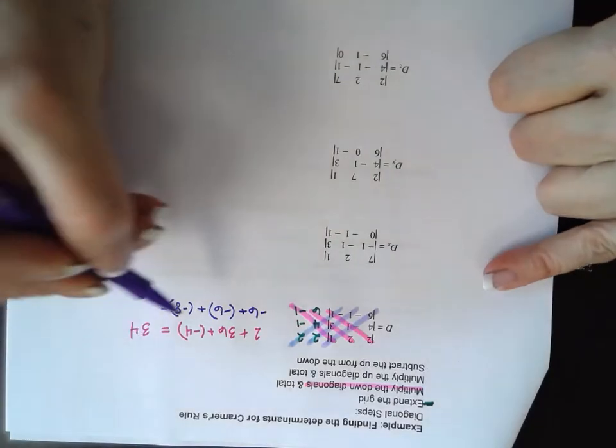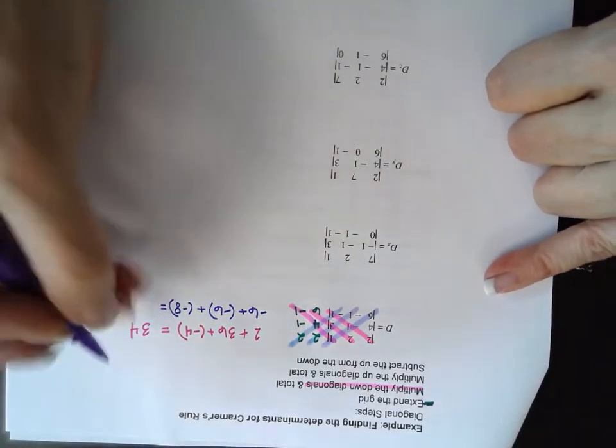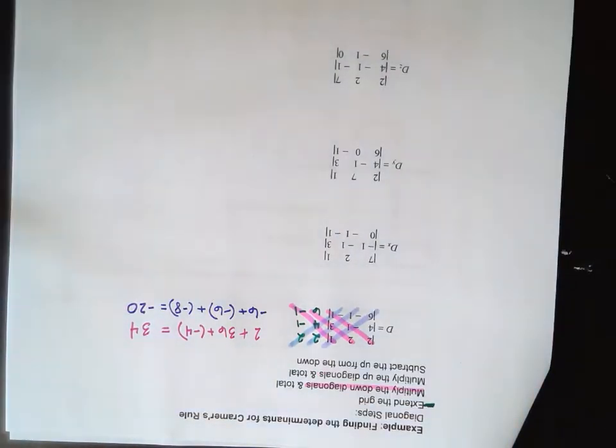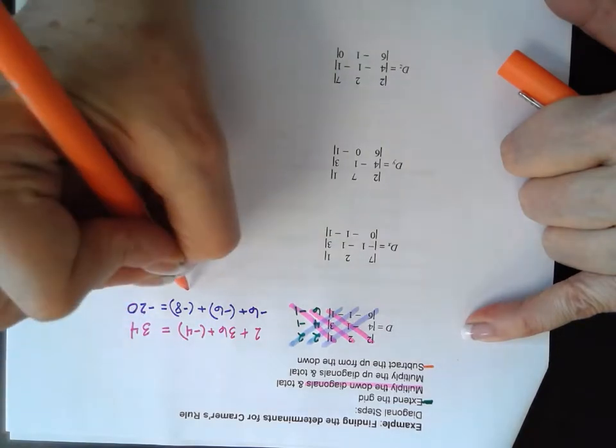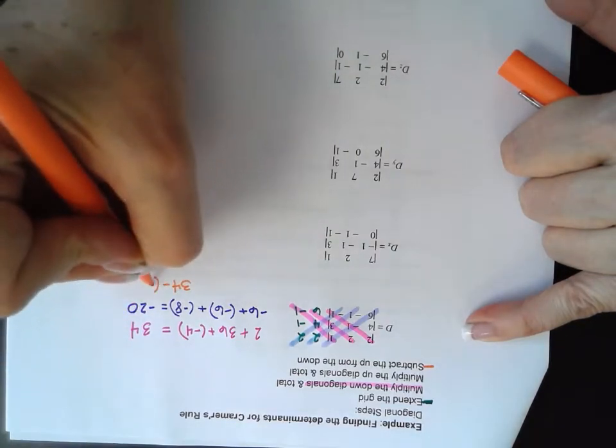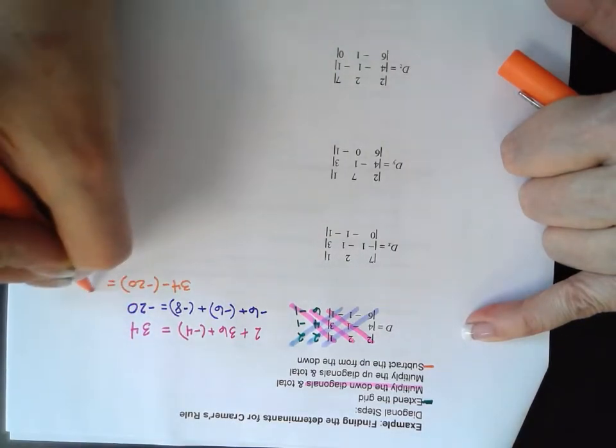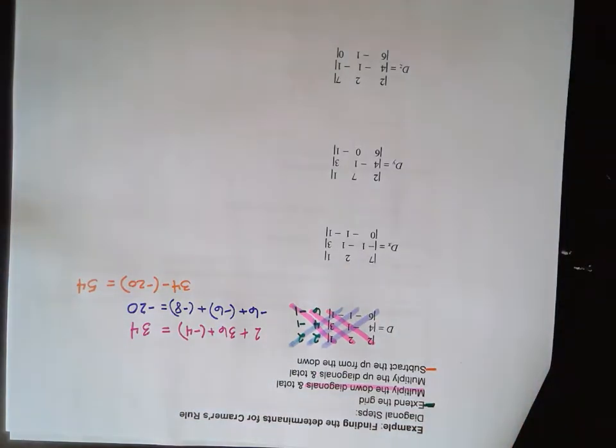And so that's going to give me a -20. Good. Last step, subtract the up from the down. So 34 minus a -20 gives me 54.